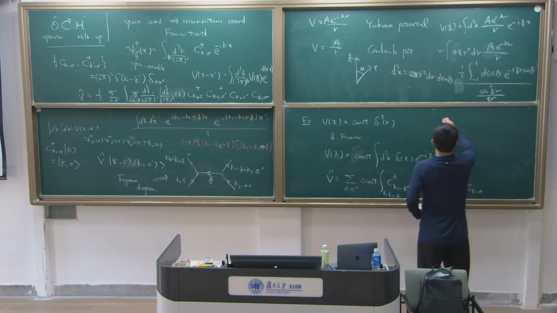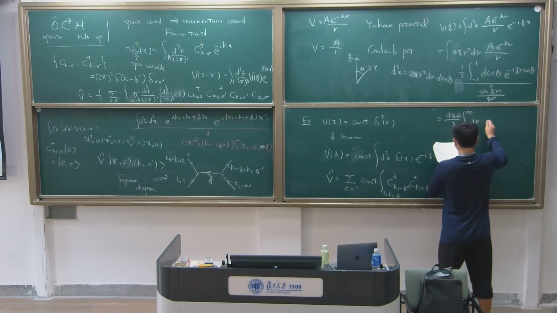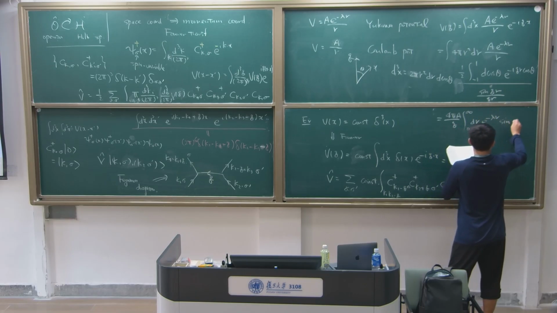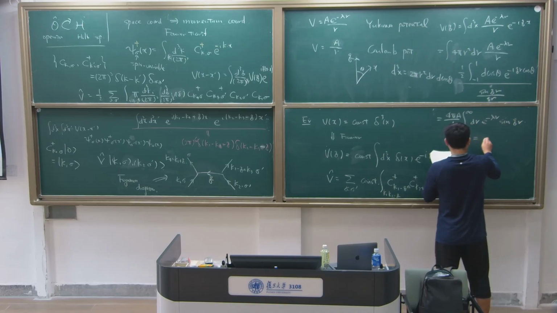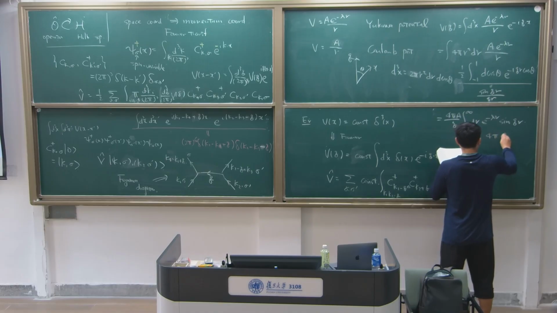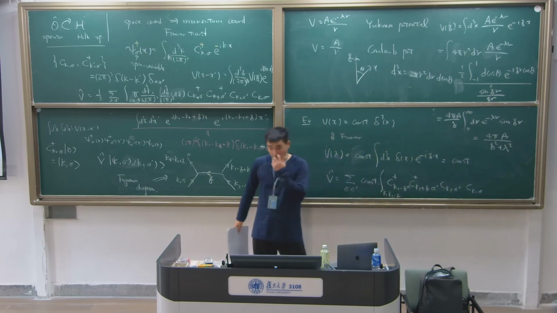If you perform this integral, you get 4 pi A over q squared plus lambda squared. So this is the Fourier transformation of the Yukawa potential.